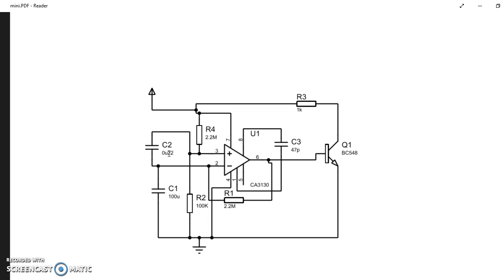So we would jump on to working. The radio frequency is captured through the 0.22 microfarad disk capacitor and then is sent to the CA3130 IC, which is an operational amplifier. Then the signal is amplified to a certain voltage and then is sent to the base of this BC548 transistor.